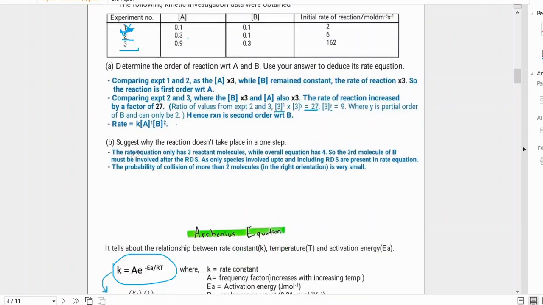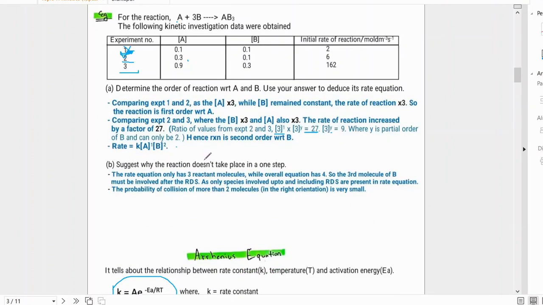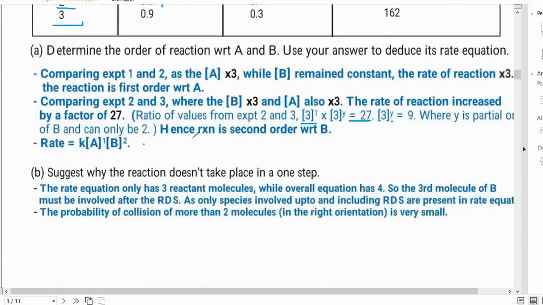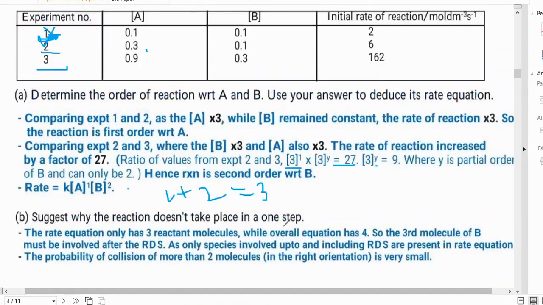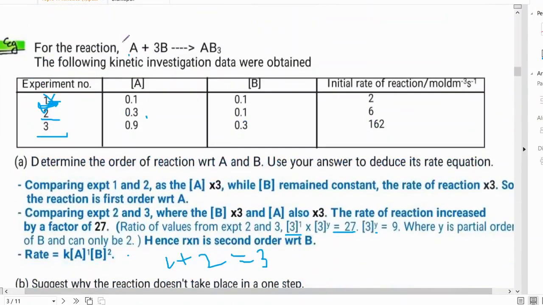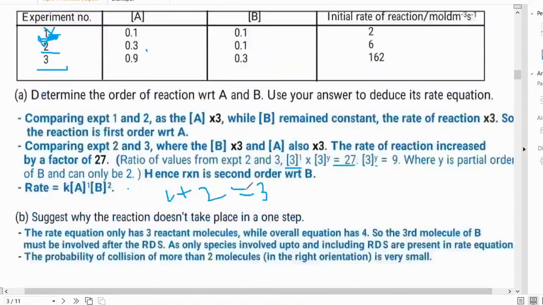The marking points for the two reasons are: the rate equation only has 3 reactant molecules, one plus 2 equals 3, while the overall equation has 4.